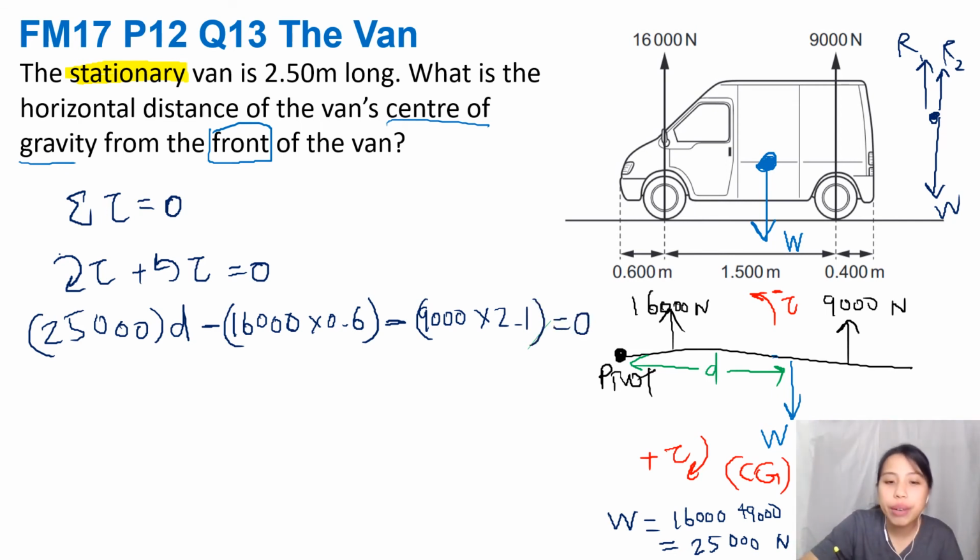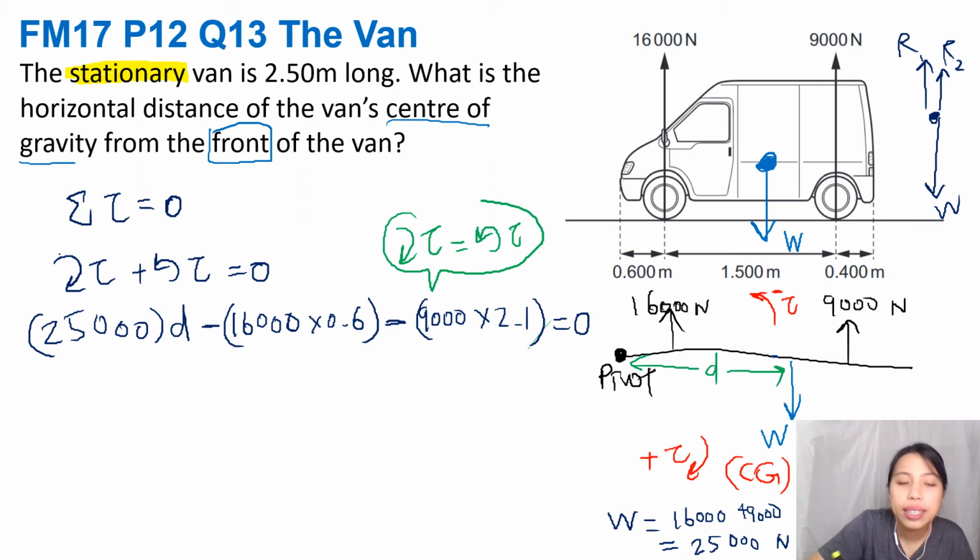By the way, if you rearrange this whole equation, you're going to get clockwise torque equals anti-clockwise torque. That's correct, you can rearrange it to that. It's a shortcut if you want to skip the first few steps here, but I write it out all for you to see so you can make sure.